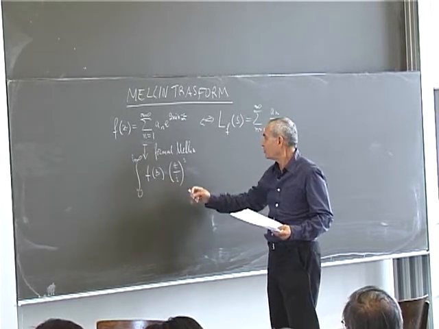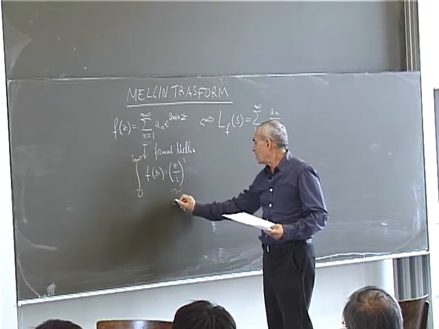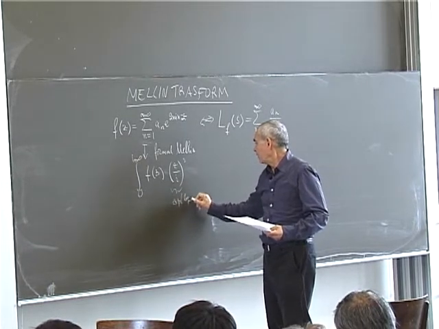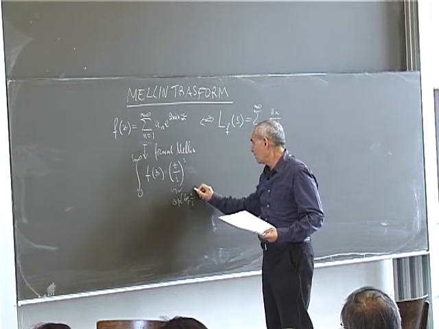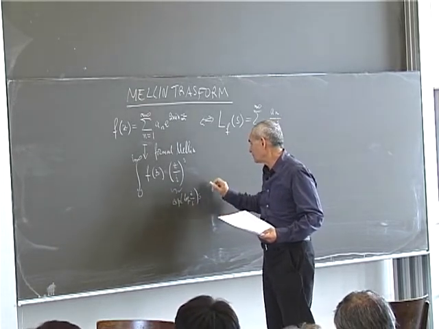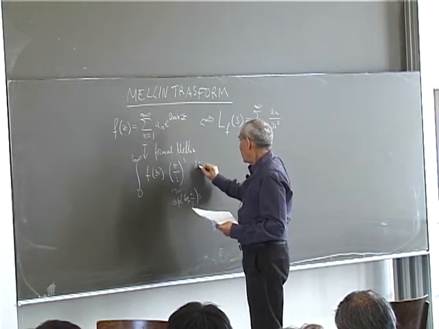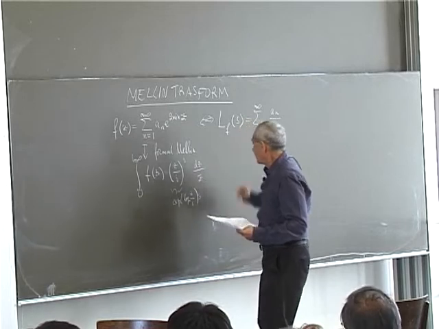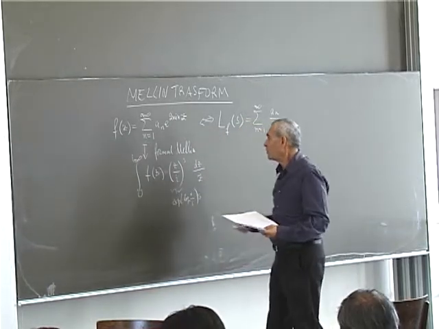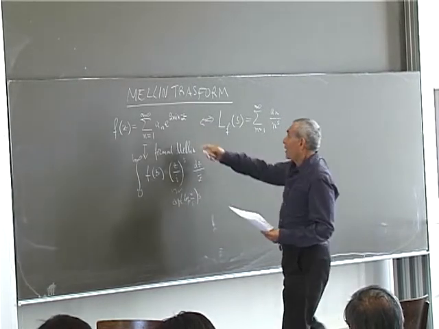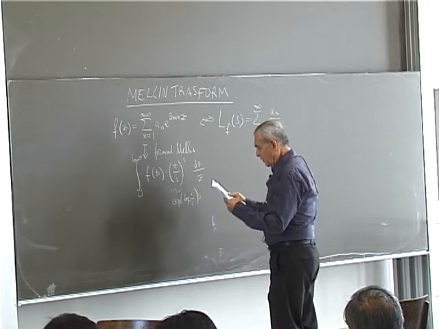And I take the branch which here is e to the exponential of logarithm, and this is a positive real number, so it's clear what I mean, multiplied by s. Okay, and then I integrate with the multiplicative invariant measure. So I start with this series. I do this kind of integration.